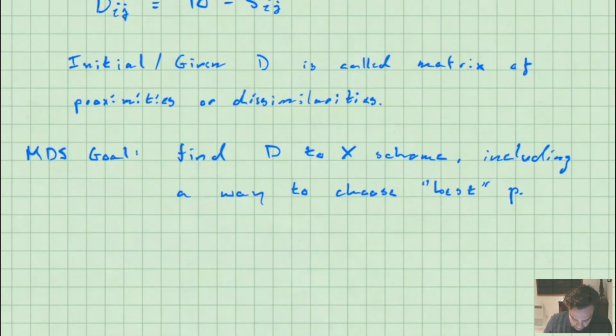So I'm just going to make a remark on a couple of pitfalls, and then we'll go into some of the details. So, pitfalls or dangers of multidimensional scaling. They're kind of obvious, so there's not really a lot of point to dwell on them. First of all, weird distance measures are pretty common.